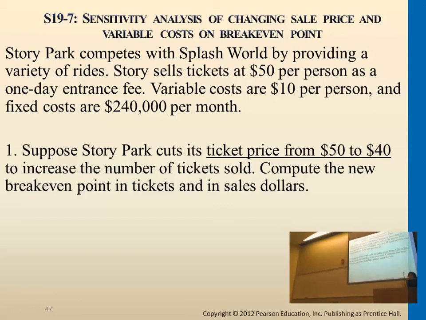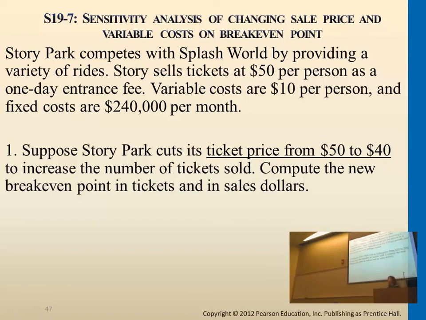Is that the break-even point in terms of units or in terms of sales dollars? If you use this 30, is it 8,000 dollars or 8,000 tickets? 8,000 tickets, because each ticket's contribution margin is $30, right? You did this part right.